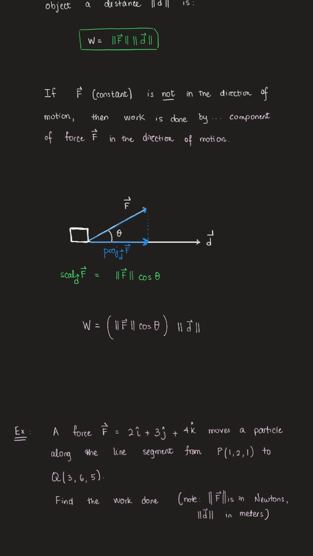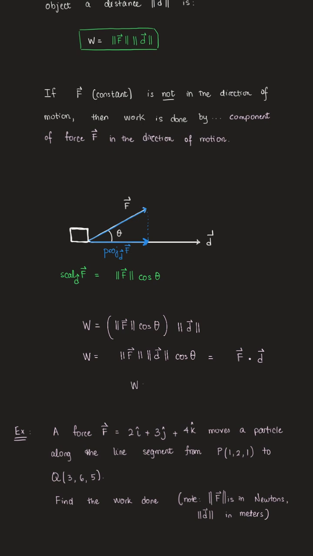And so now we have that work is the magnitude of force F times the magnitude of the distance in which we drag the object times the cosine of the angle between the two vectors, and this is just the dot product of the force and the direction vector.